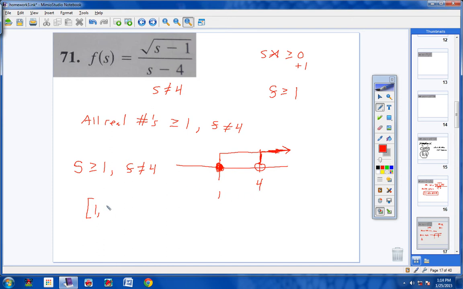So I'm going to put a 4 and a parenthesis, and then it picks up at 4, so parenthesis 4, and it continues on indefinitely, so that's going to be infinity. Okay? Alright, hope that makes sense. Let's continue on.